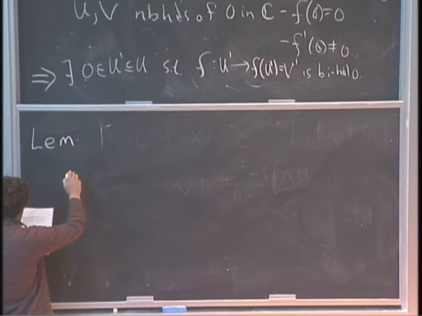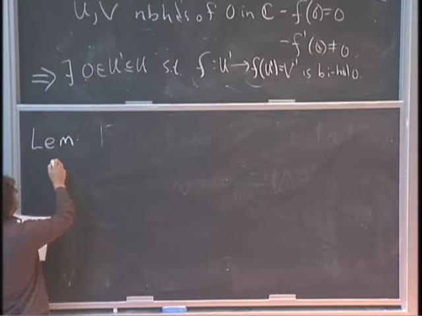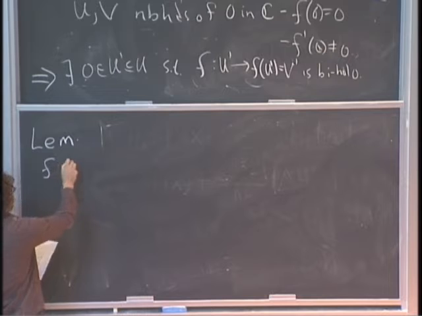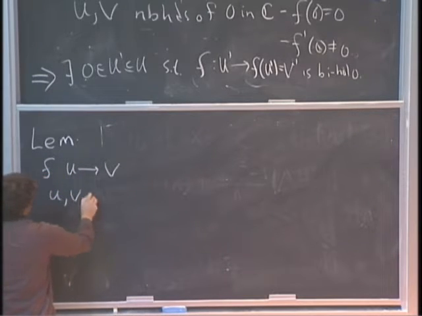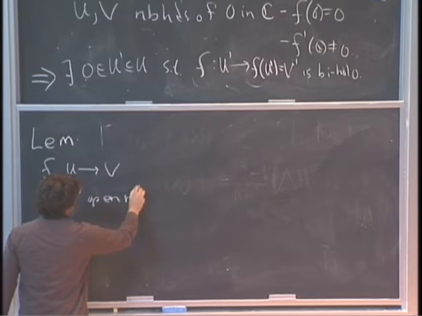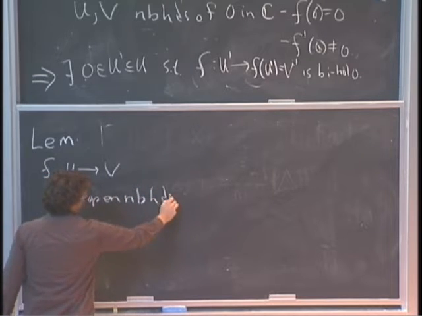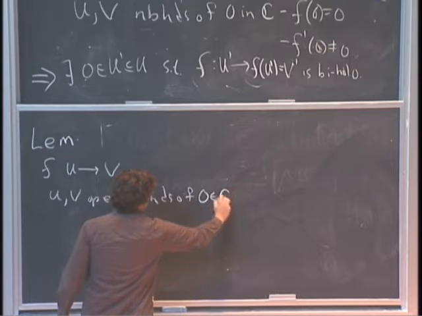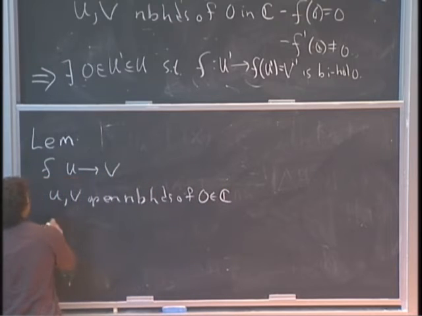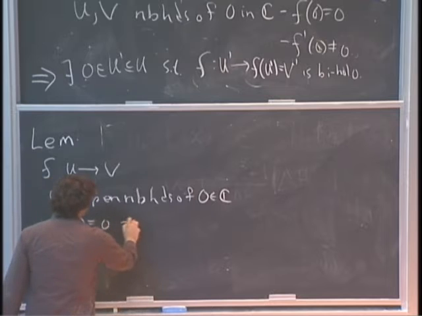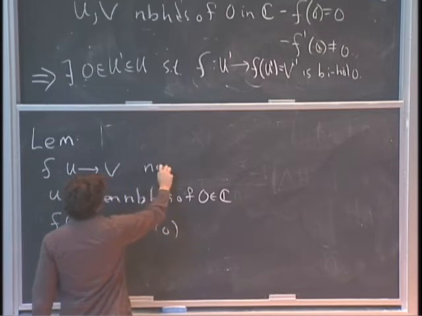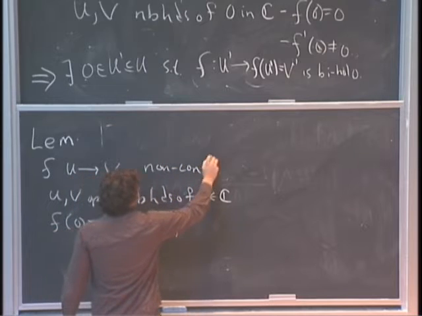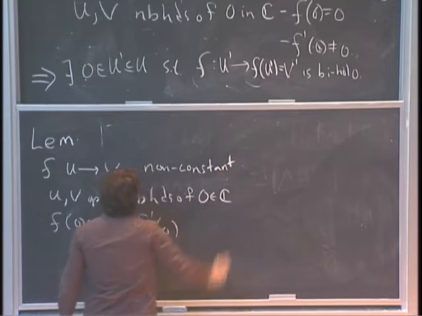Let's suppose again that f takes U to V, open neighborhoods of 0 in C. And now let's assume that, again, f of 0 is equal to 0, but also f prime of 0 may be 0. And let's assume f is non-constant, because if it's constant, there's nothing interesting to say.